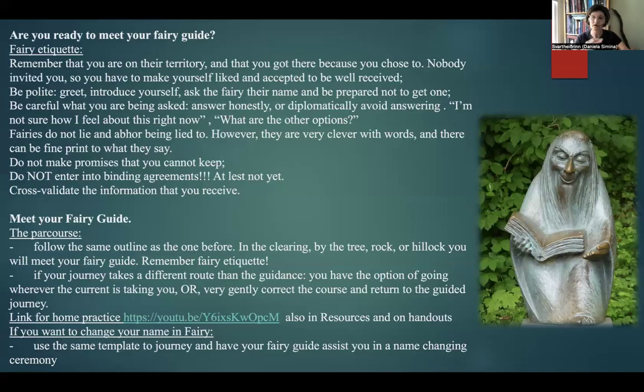And instead of that whole conversation, asking questions, just be there and wait for the fairy guide to give you the name or confirm the name, and say thank you and see if there's any service or anything they expect from you to do for the gift that you received. And then you part ways, exactly what we did in the previous meditation.